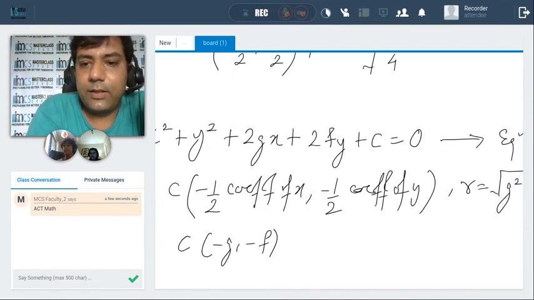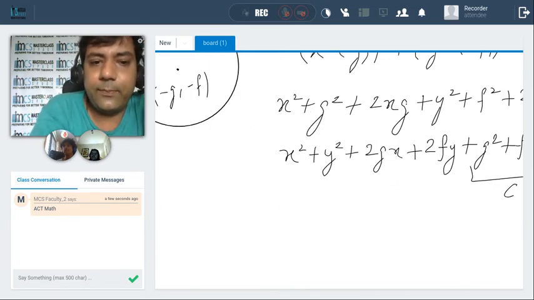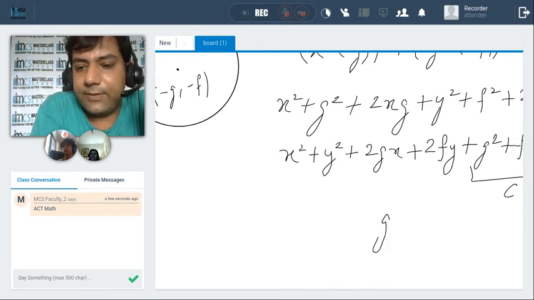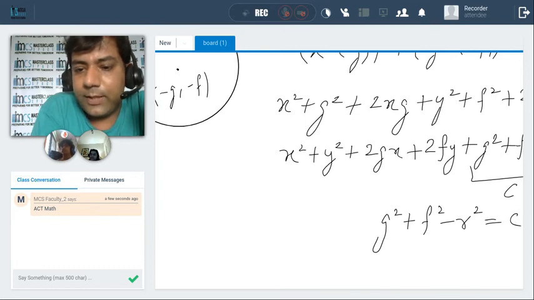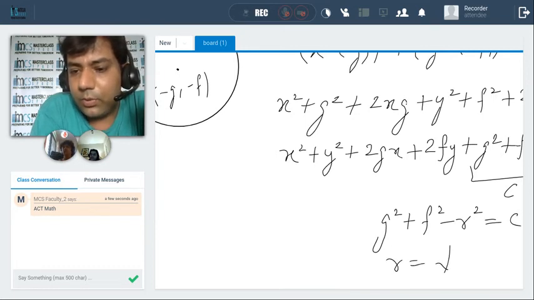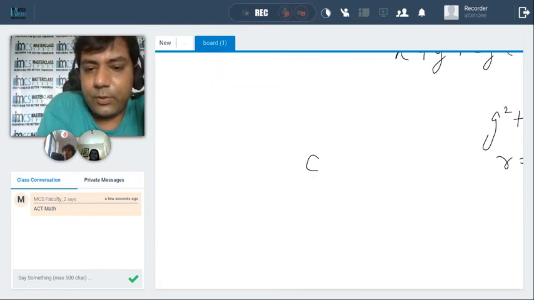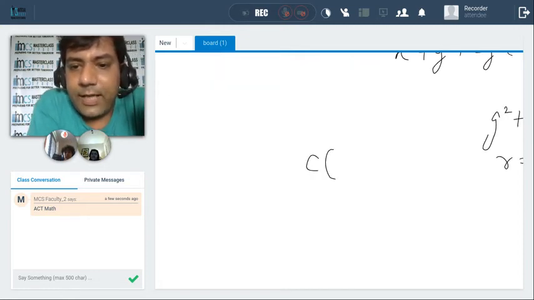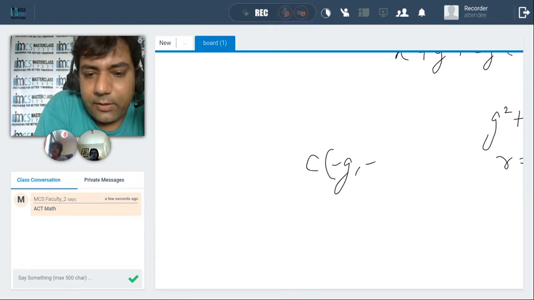If I replace g square plus f square minus r square by c, from here we get r equal to root over g square plus f square minus c. And the center is minus half times the coefficient of x, minus half times the coefficient of y, which is minus g comma minus f.